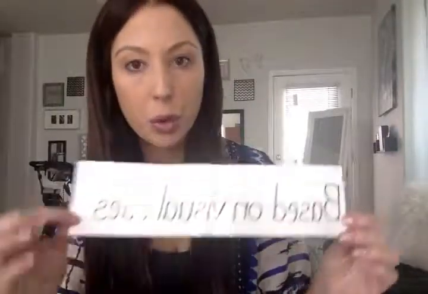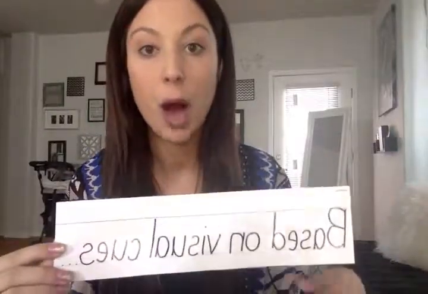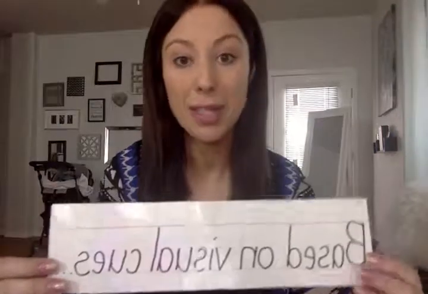Even before reading, so some sentence stems you can use before reading, some you can use during reading, some you can use after reading, based on visual cues. Even just taking a picture walk, this is for the really lower level of kindergarten and first, just taking a picture walk through a book, and then based on visual cues, let me make a prediction, what do I think the book is going to be about?